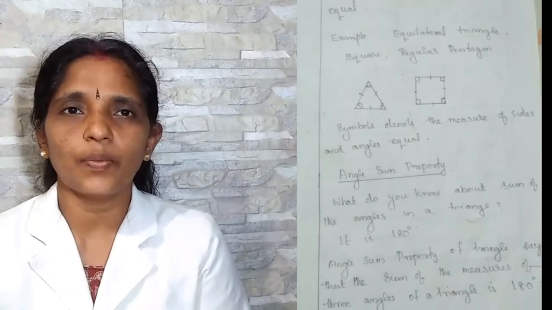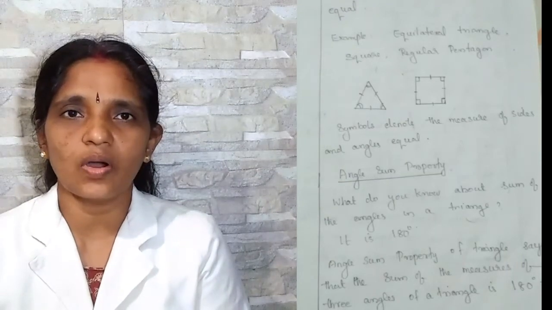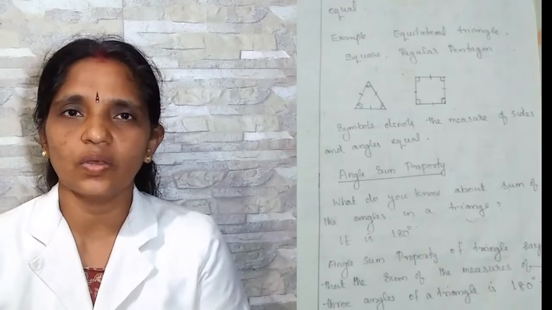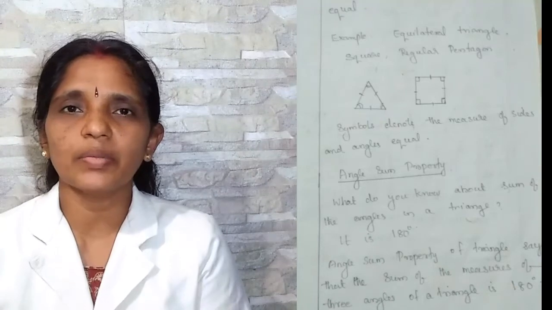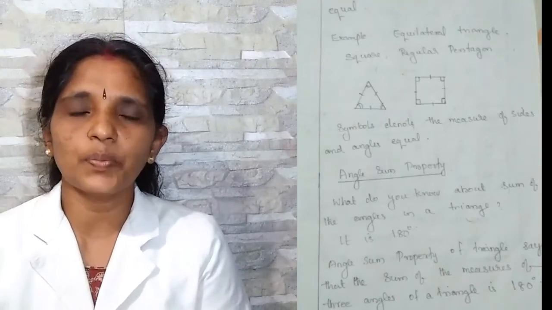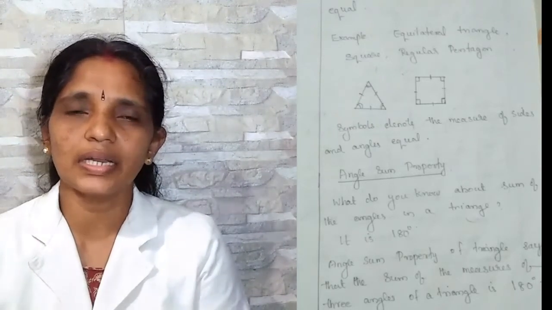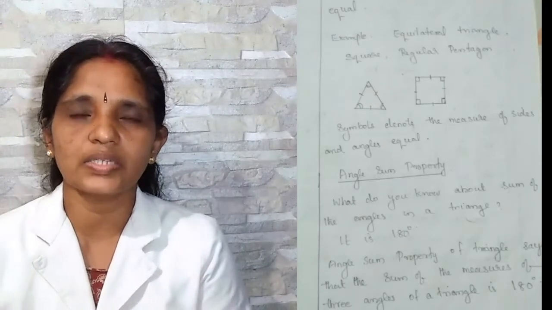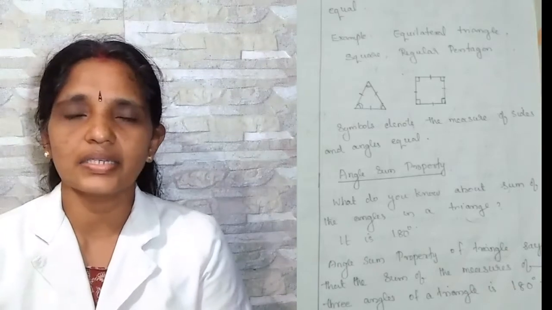That means the length of all sides will be equal, and the measurement of angles also will be equal. Such polygons are called regular polygons and other polygons are irregular polygons. So, regular and irregular polygons. You have studied regular pentagon, regular hexagon, etc.